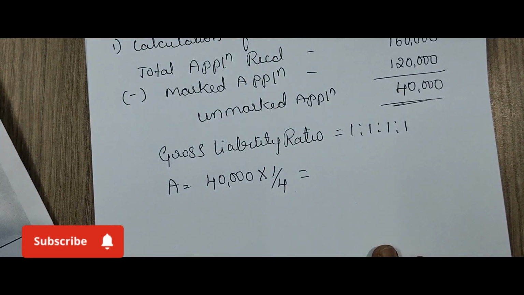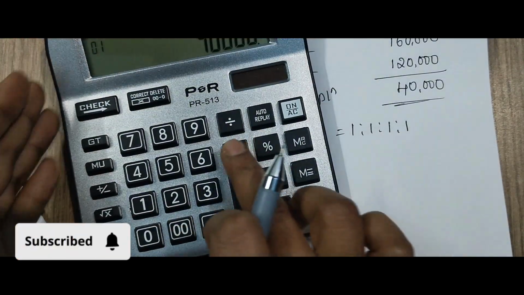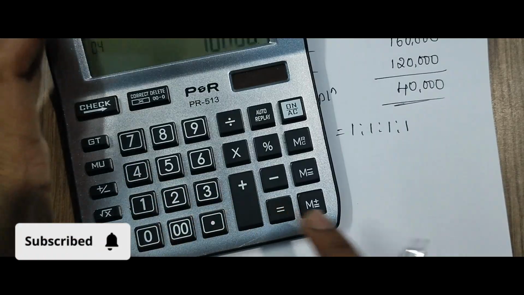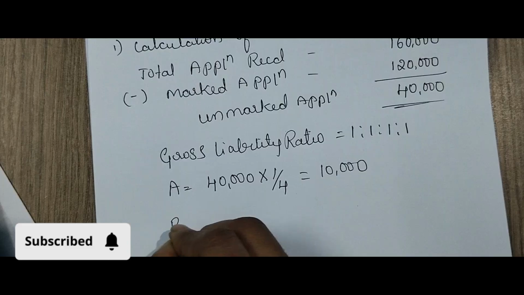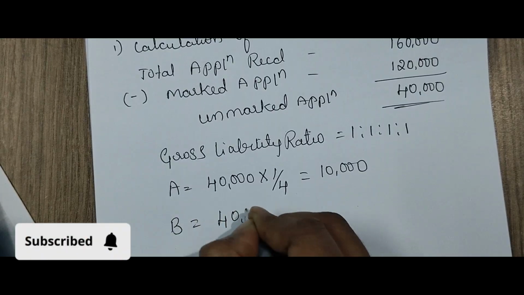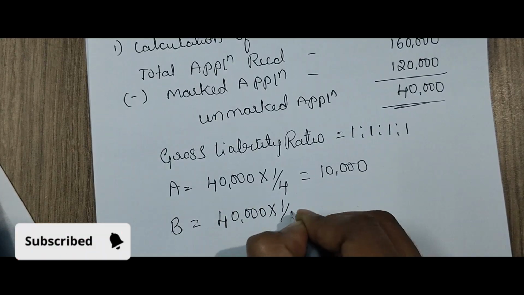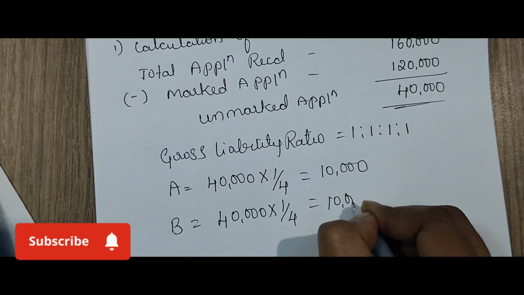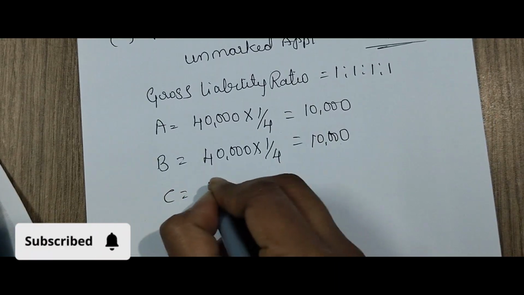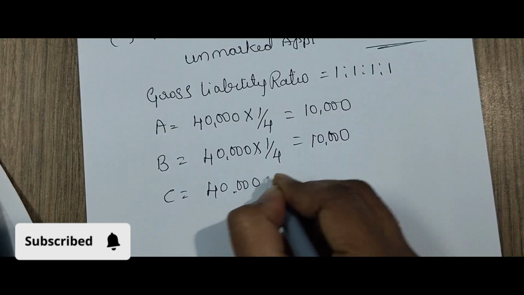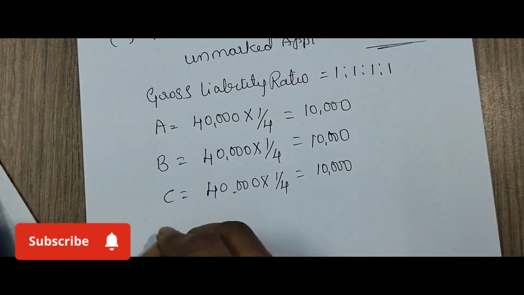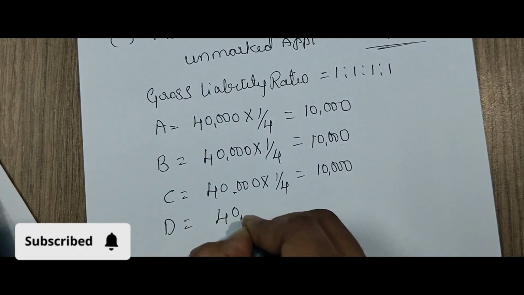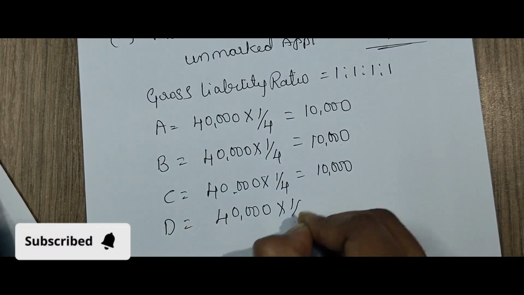How much will we get? It is 40,000 into 1 divided by 4, 10,000. We'll get 10,000 each for all the underwriters. For C also 10,000. And finally for D also 10,000.